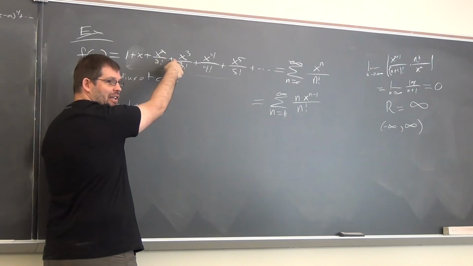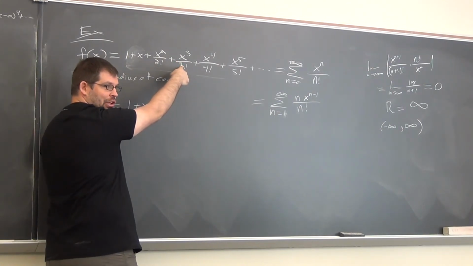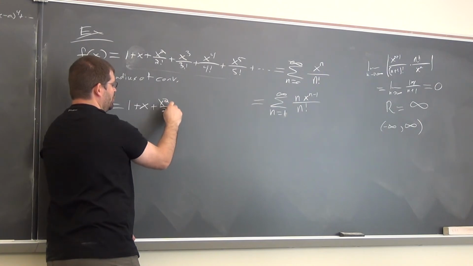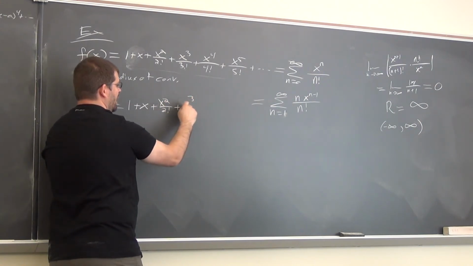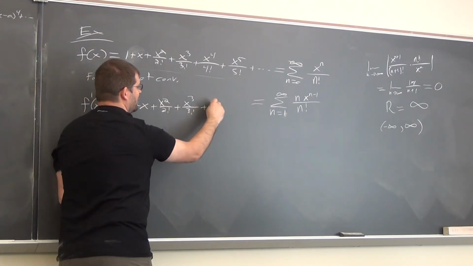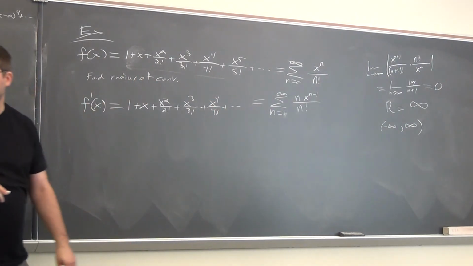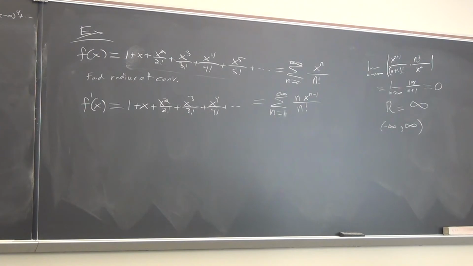The 3 cancels, not the whole 3 factorial, but the 3. So you get x squared over 2 factorial, x cubed over 3 factorial, x to the 4th over 4 factorial, and so on. And so that's exactly the same thing you started with.